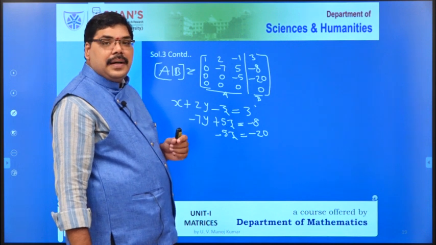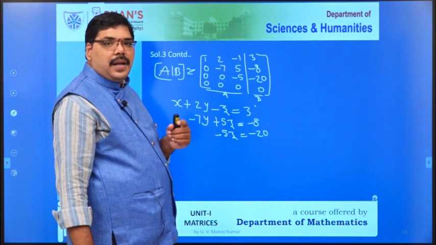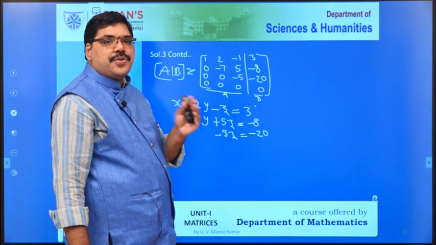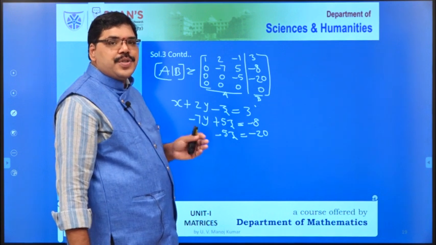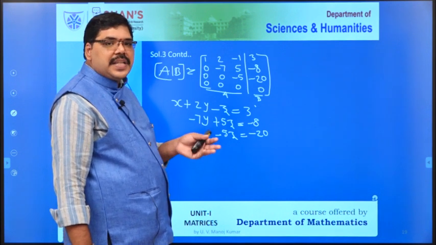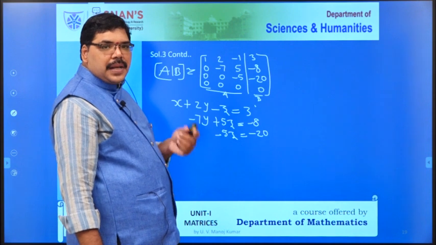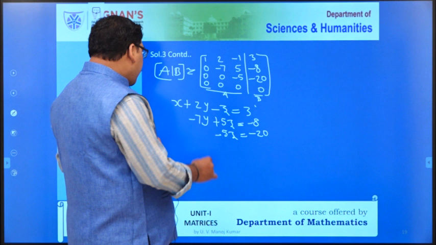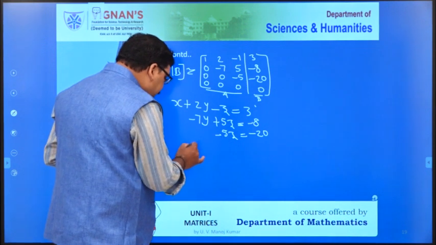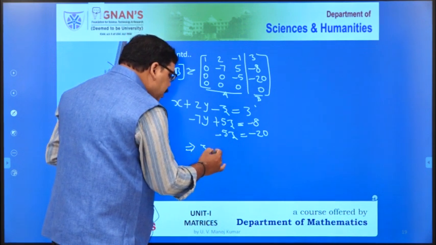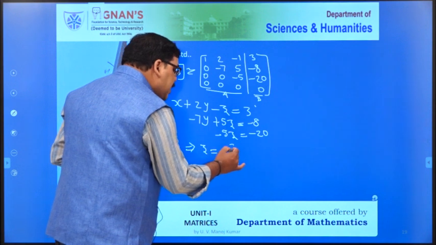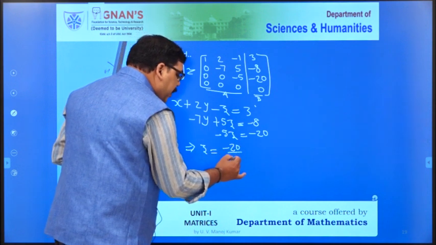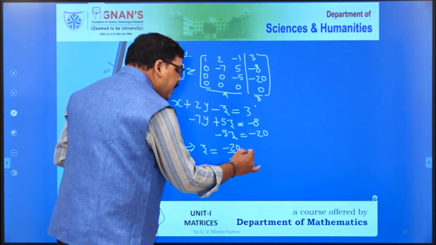We call the method we use here to find the values of x, y, z the back substitution method. From the last equation, z equals minus 20 divided by minus 5, which is 4.